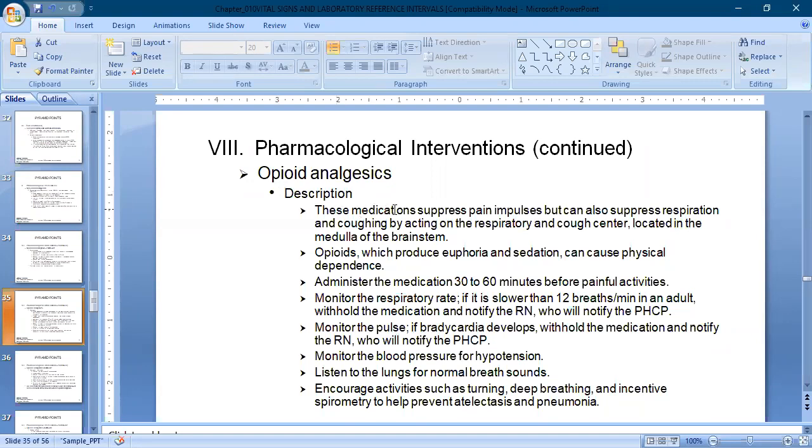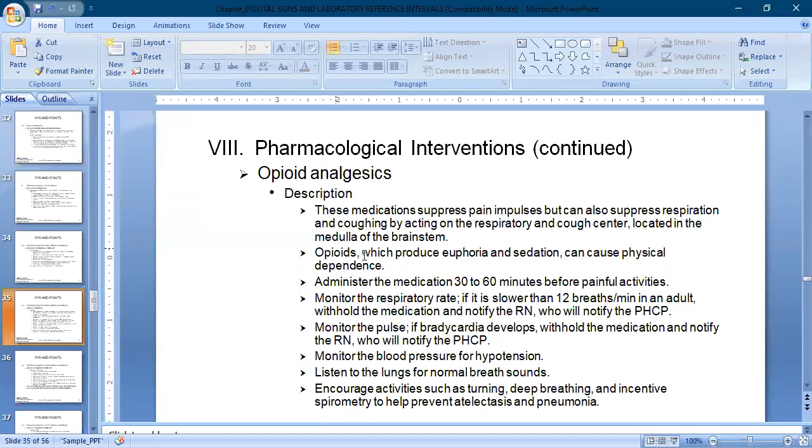This medication suppresses the pain impulses, but can also suppress the respiration. So if you prescribe, or if you see your patient taking an opioid, you have to check the respiratory rate because they can cause respiratory failure.